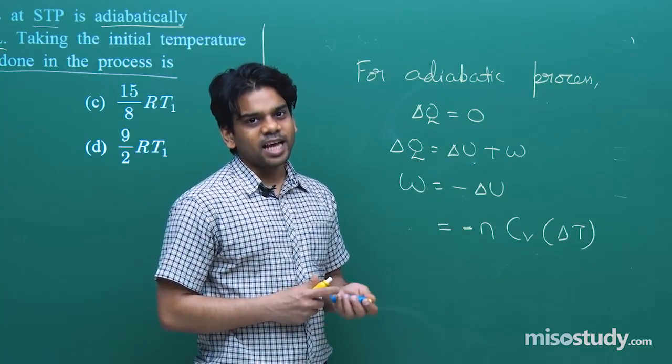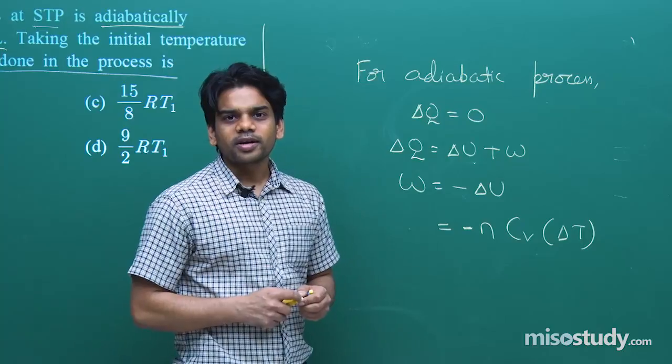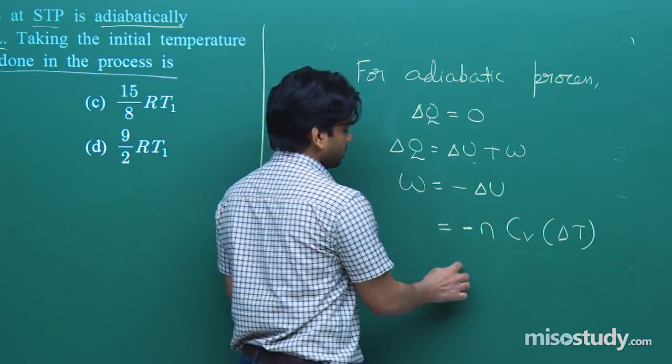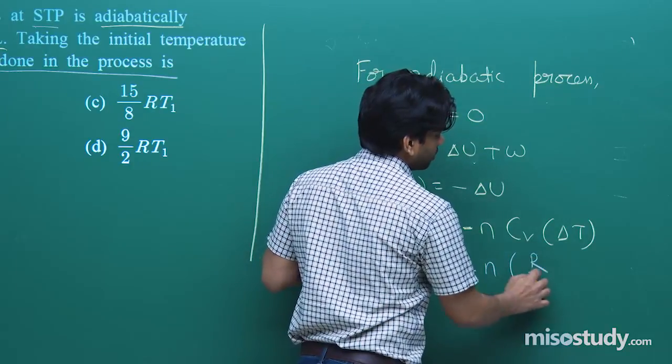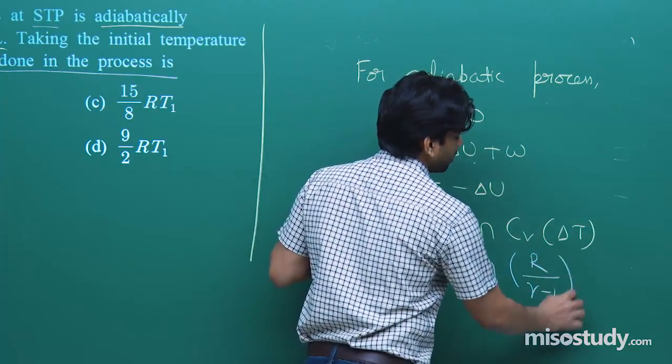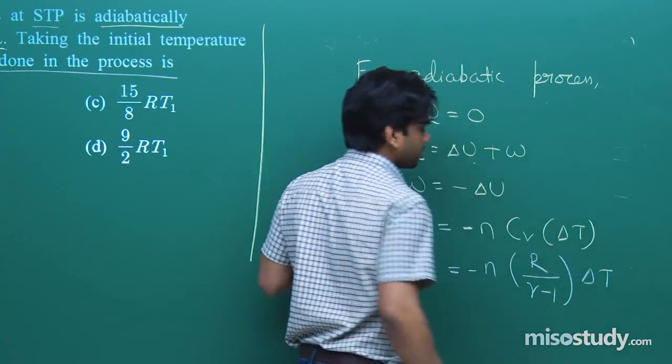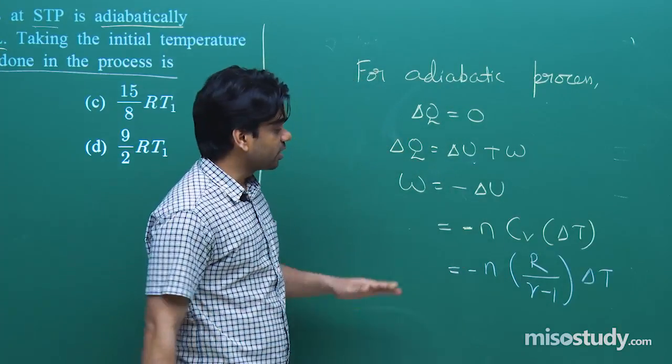Cv can be written as R upon gamma minus 1 in terms of R and gamma, into delta T. This is what we can reach.